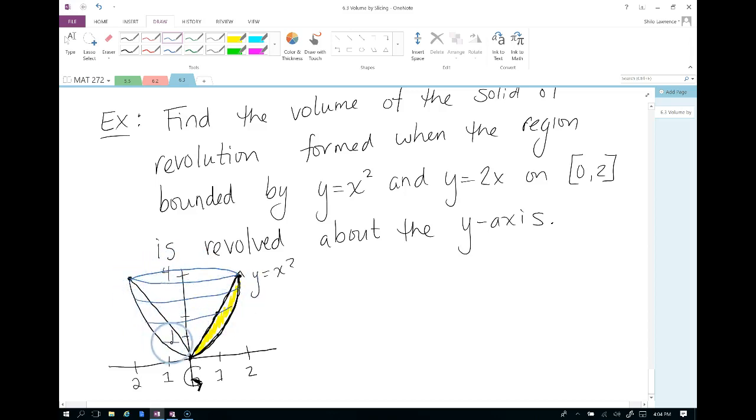So this one again is like a bowl, but this time we do have some hollowness inside because we're not going from x squared all the way to the y-axis. This y equals 2x line is stopping us from filling this in all the way to the y-axis and making us solid. It's stopping us at that slanted line and making all of this space in here be hollow.